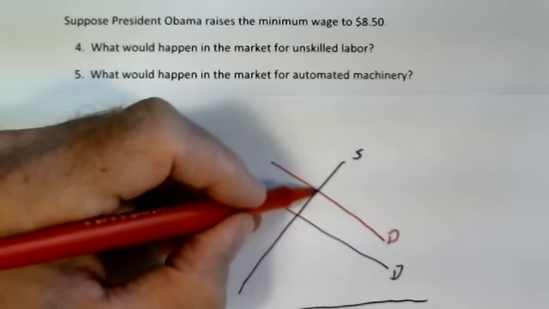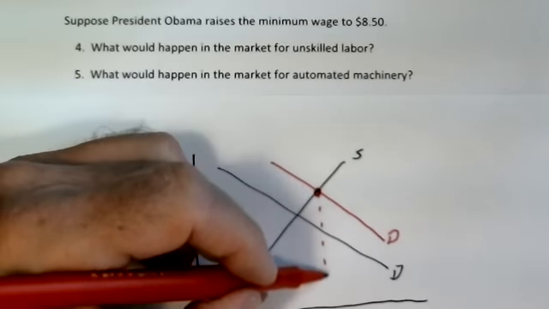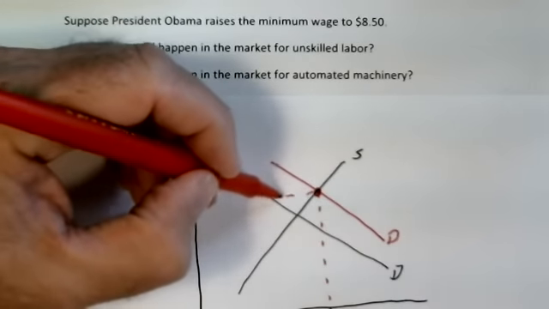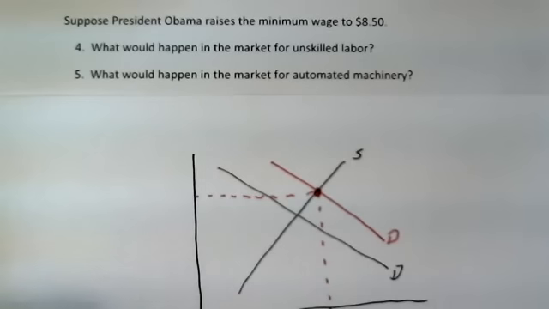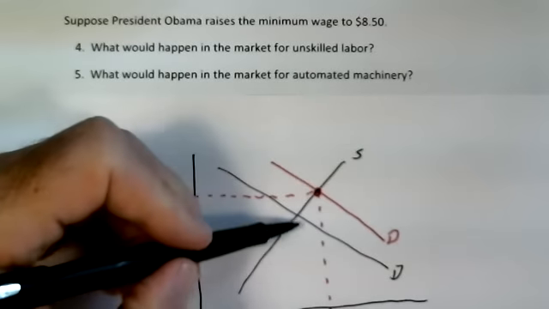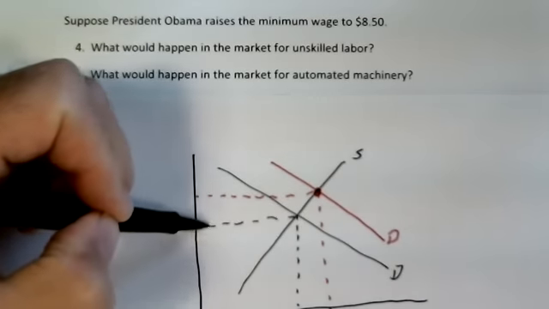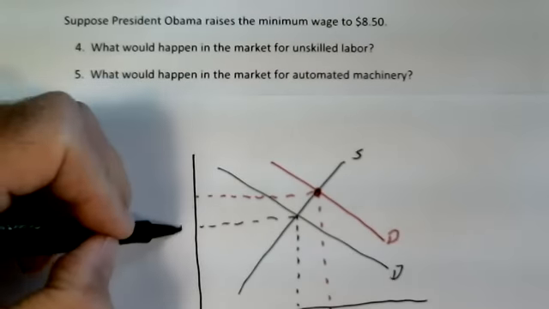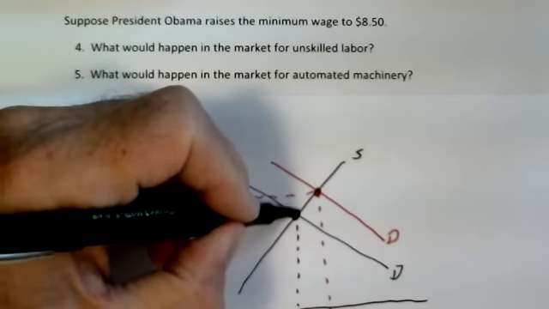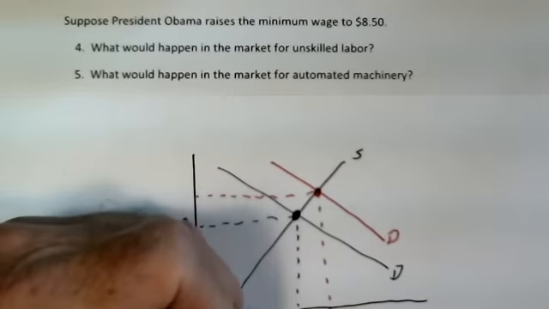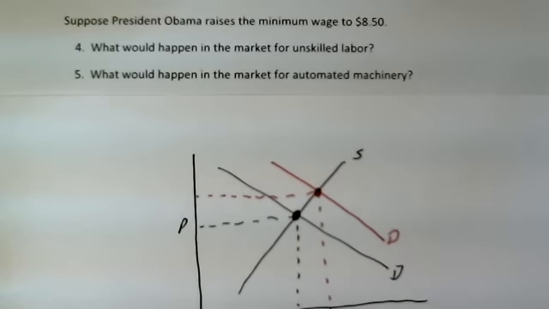We would establish a new equilibrium here. The supply curve for automated equipment would stay the same, but at the higher selling price of this equipment, the quantity supplied and the quantity demanded would be higher. So this black dot is the original equilibrium, and the red dot is the new equilibrium.